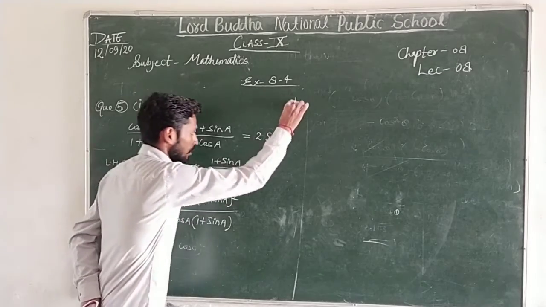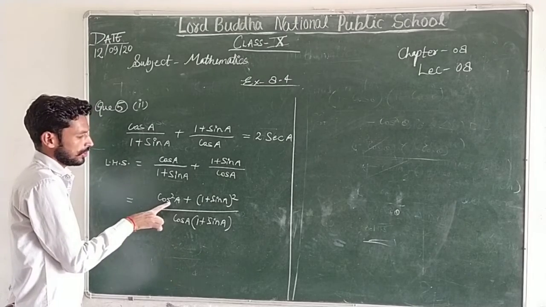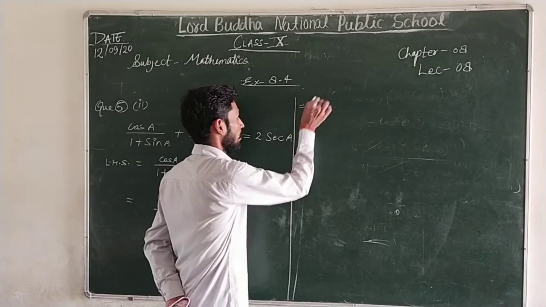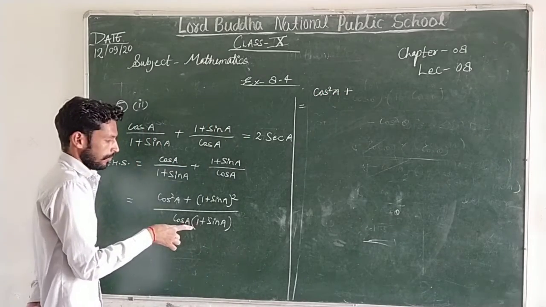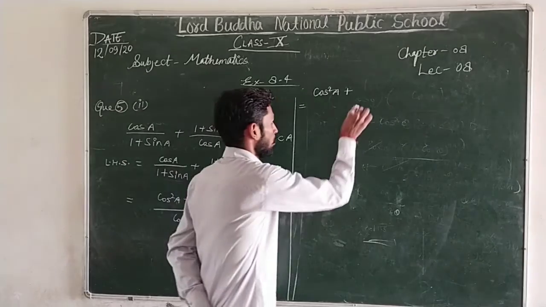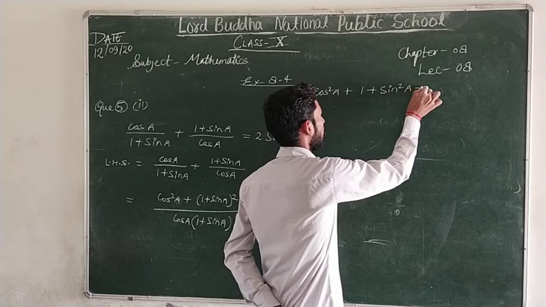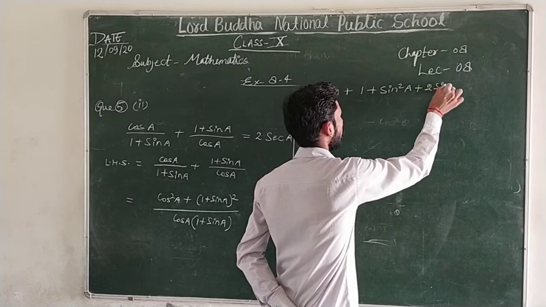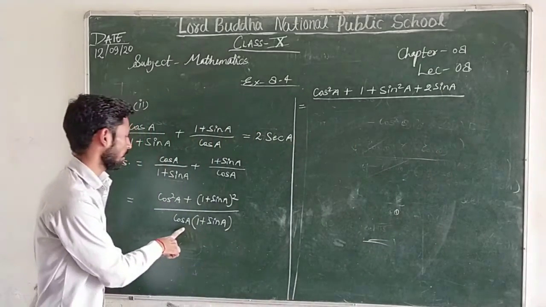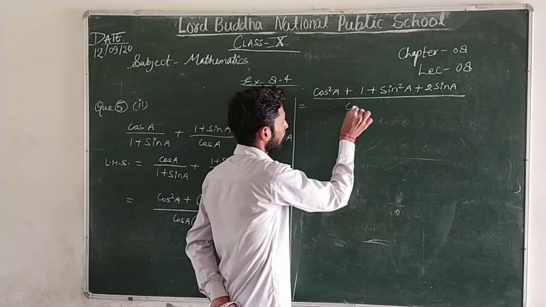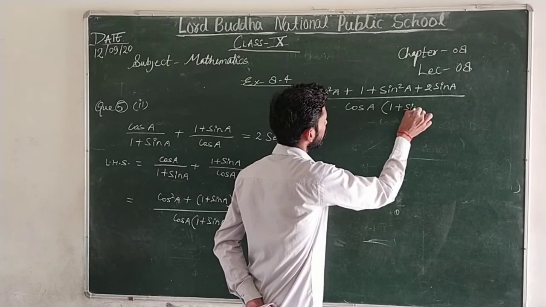This will be continued as cos square A plus, we can expand this, 1 plus sin square A plus 2 sin A, whole divided by cos A into (1 plus sin A).